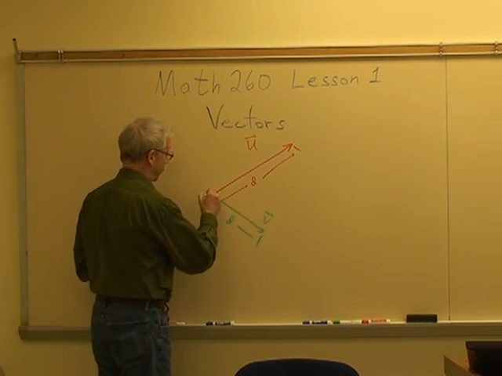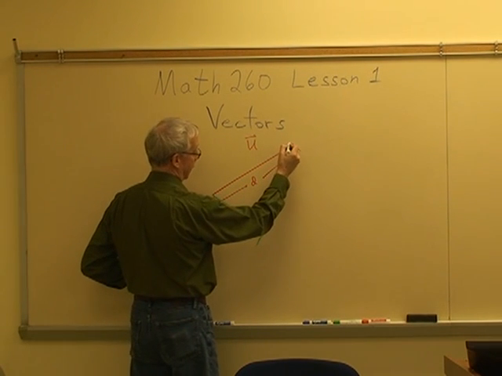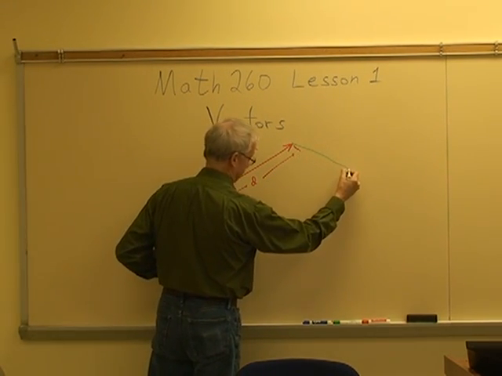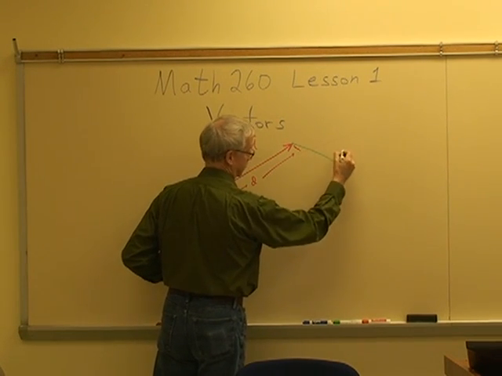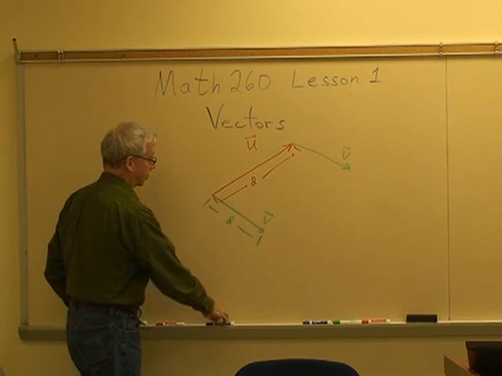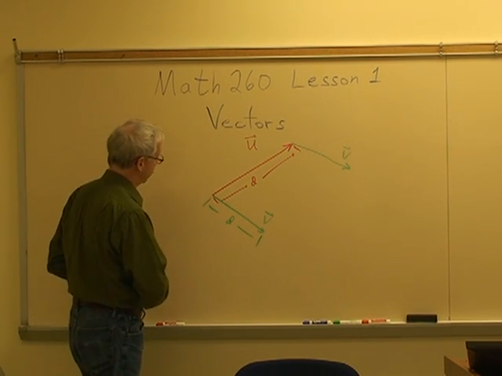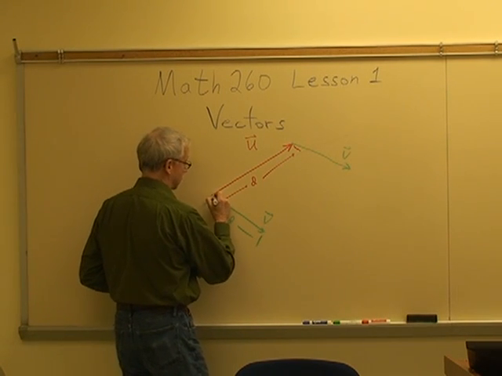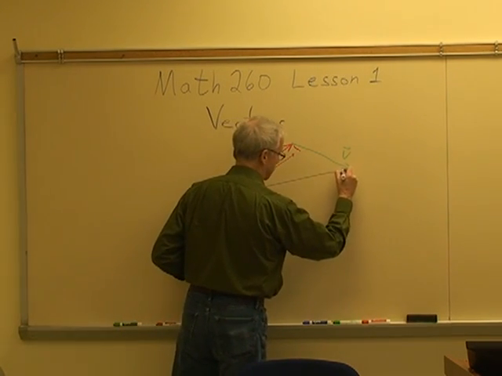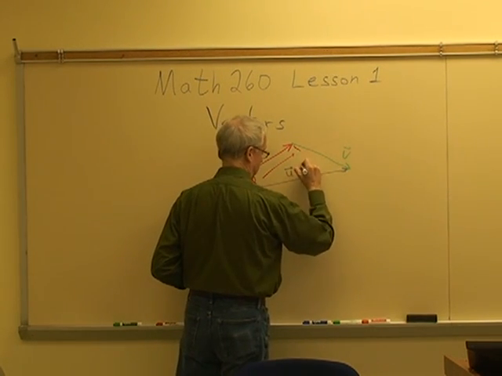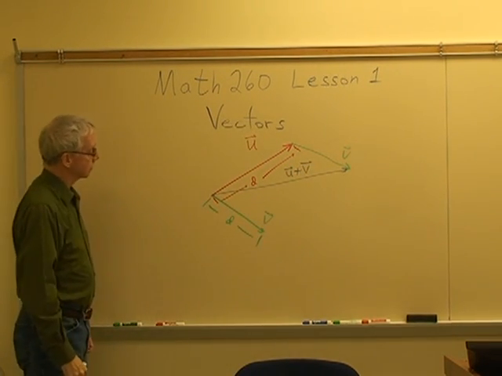That means I start here, follow u, and then follow where v takes me from there, its directed distance. So the resulting vector, the total u plus v, goes directly from the start point to the end point. U plus v, like that.